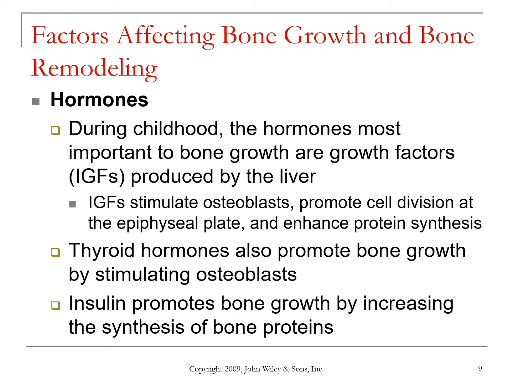So human growth hormone exerts its effects mainly through insulin-like growth factor with respect to growth, particularly in the skeletal and muscular system, where here the IGF stimulate osteoblasts and promote cell division at the epiphyseal plate. So that would be the proliferation of the chondrocytes that allow for longitudinal growth.